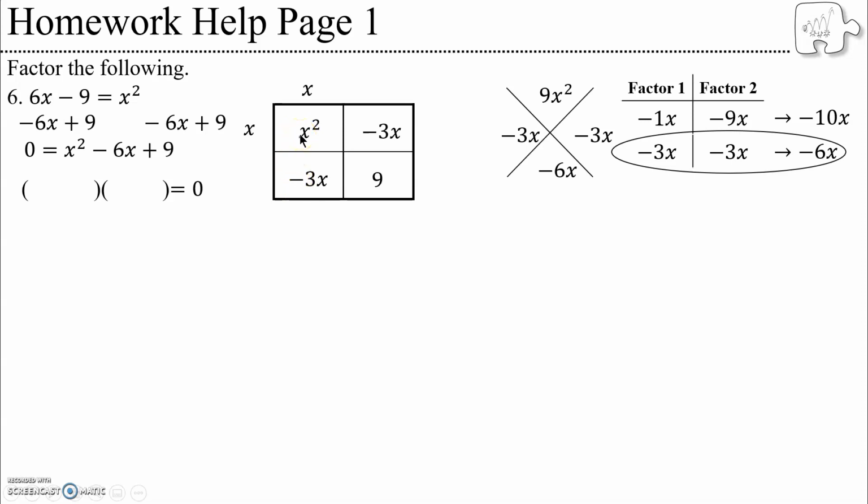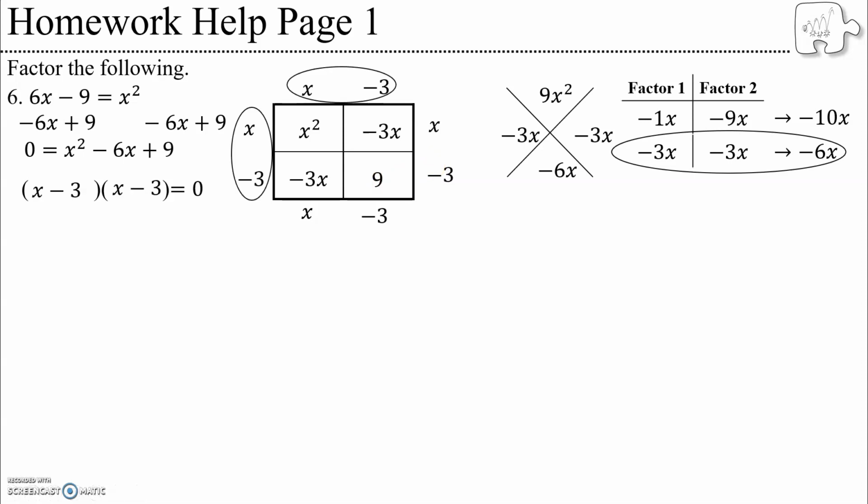So now we have our x and our x, and we drop it down and across. x times what is negative 3x? Negative 3. Drop the negative 3 down there, and negative 3 times what is positive 9? We know that 3 times 3 is 9, so negative 3 times negative 3 will also be 9. Drop it across, and then we've got our length and our width.